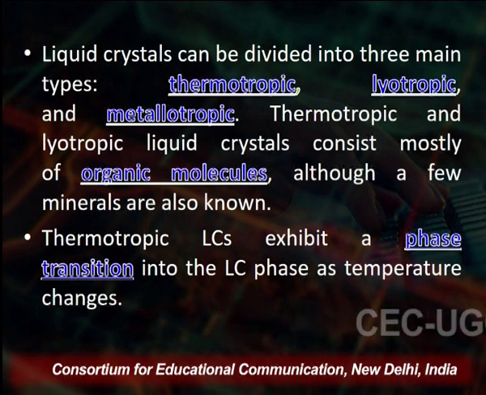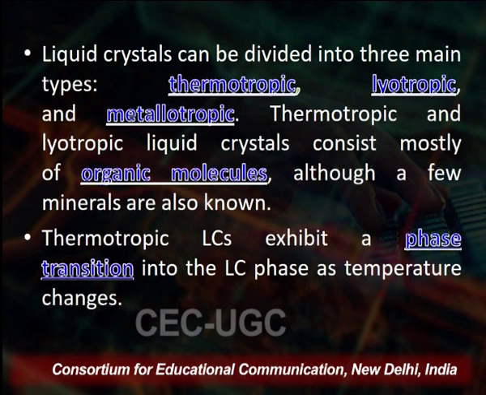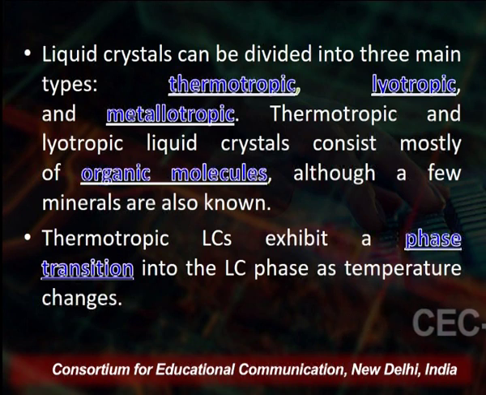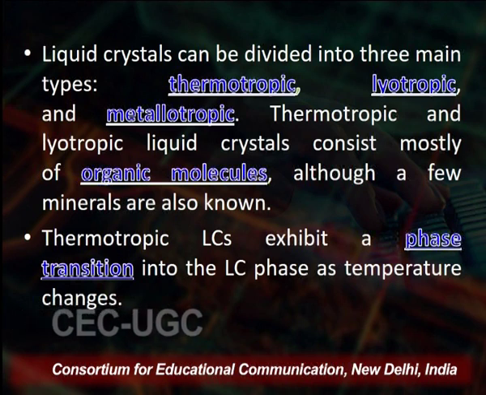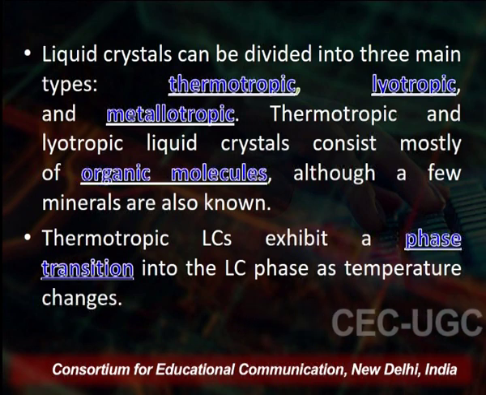Thermotropic and lyotropic liquid crystals consist mostly of organic molecules, although a few inorganic materials are known. In the thermotropic case, the LC exhibits a phase transition into an LC phase as the temperature changes. As the name suggests, it is based upon the temperature.